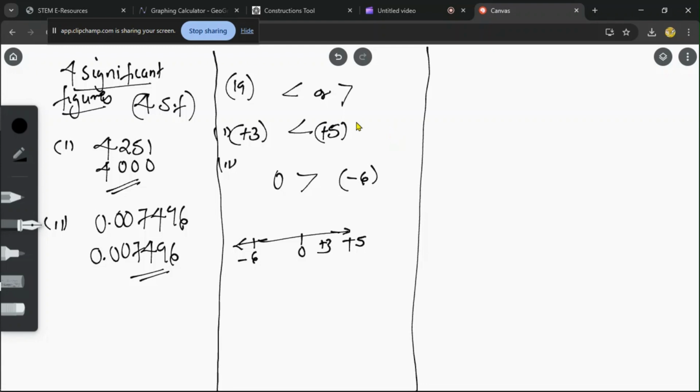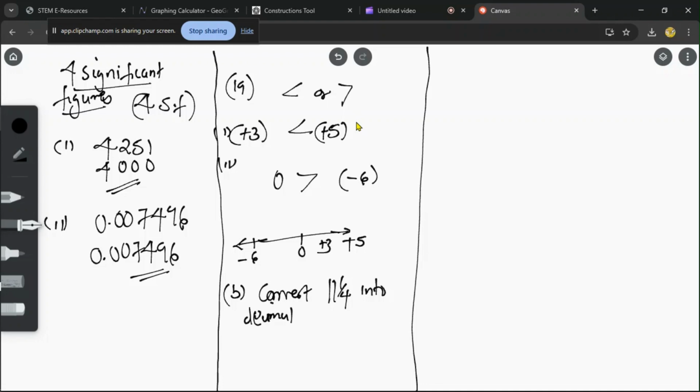Right. The next one is B, and you're told to convert 11 and a quarter into decimal, very interesting, into decimal. Now I want to convert into decimal.